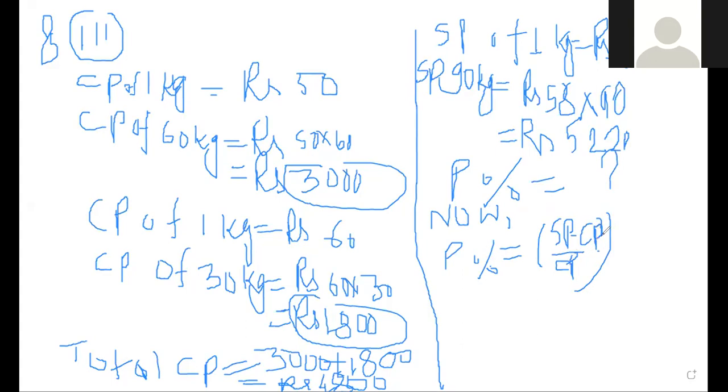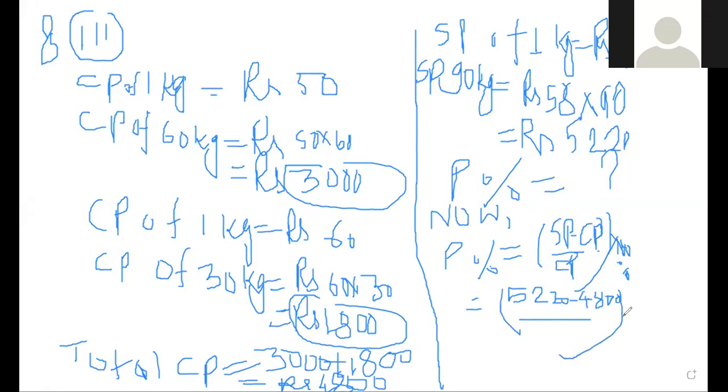This is percentage. Now, can you put the values and solve? SP is 5,220, right? Minus 4,800. Divided by 4,800 into 100.